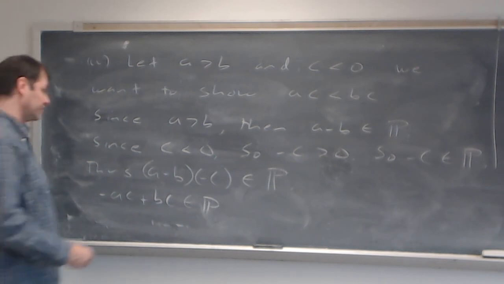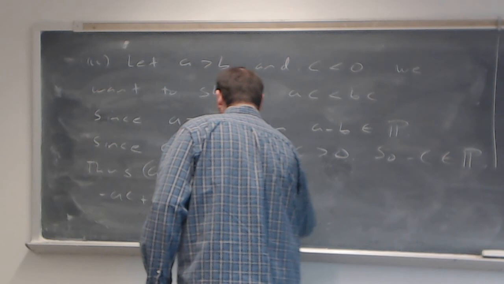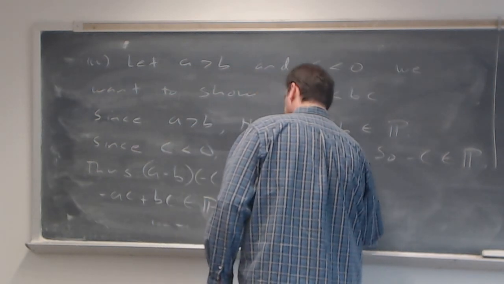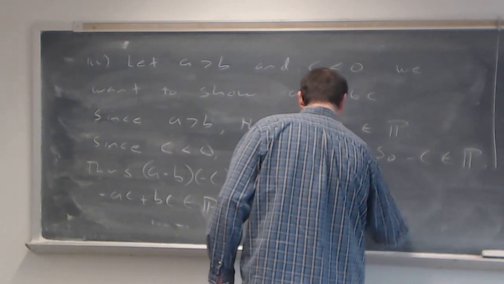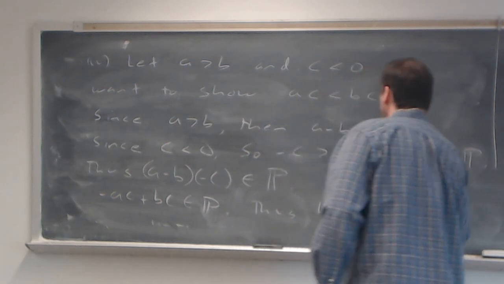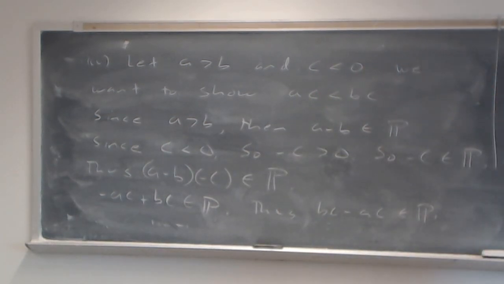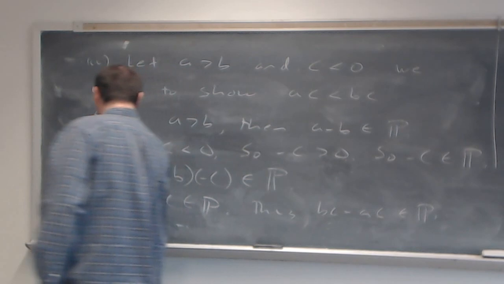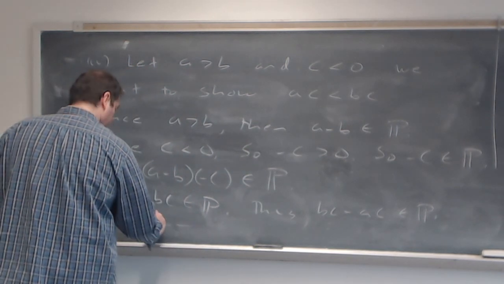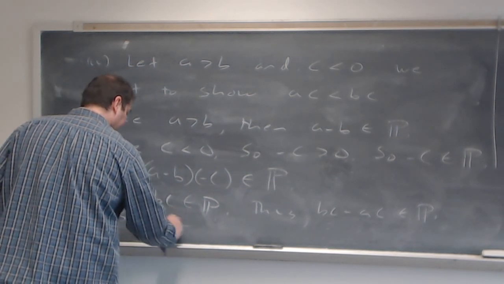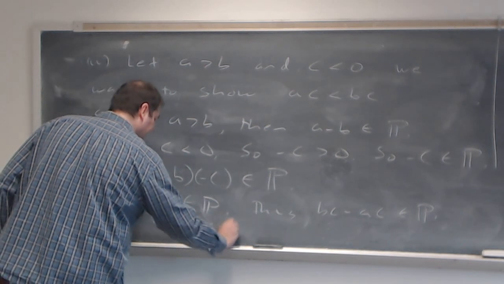Facts from homework that you'll be using. Thus, that says BC minus AC is a positive number. And that says that AC is less than BC, and that's what we want to show.